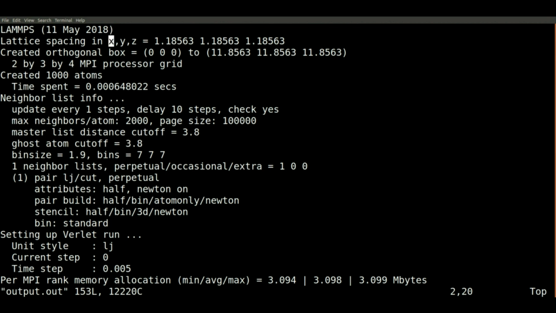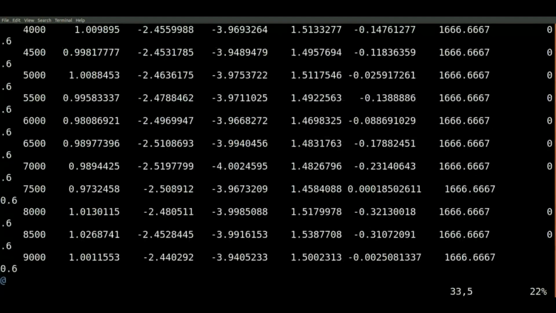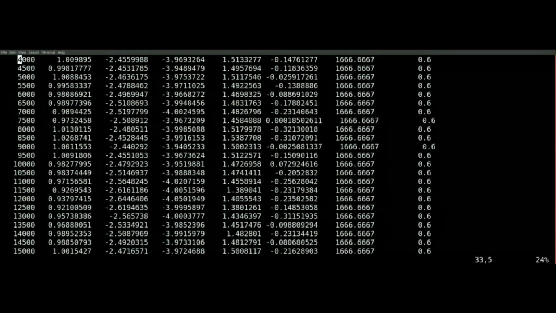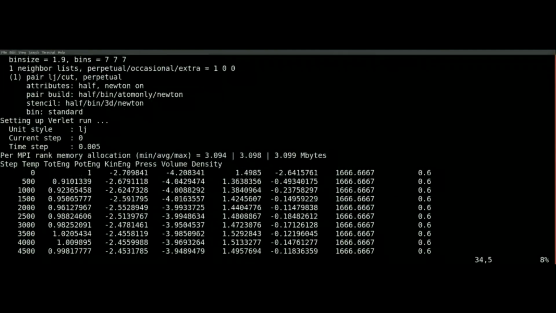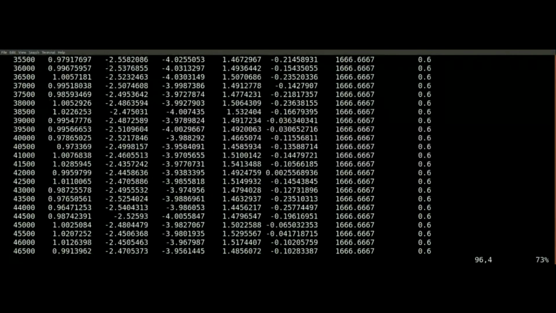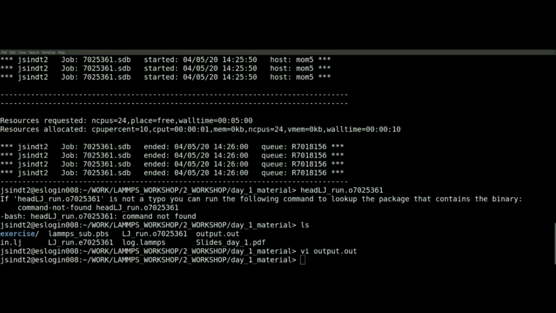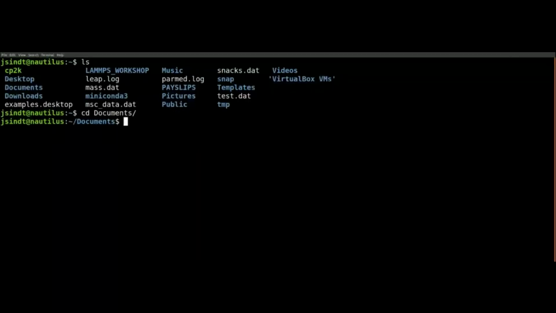And then it gives us information about lattice spacing, how the simulation was split up across different processors, how many atoms the simulation had, and loads of things. And then if we go down a bit, we get lines and lines of outputs. By comparison, it is possible to run LAMMPS locally, and I will now do that on my local machine.